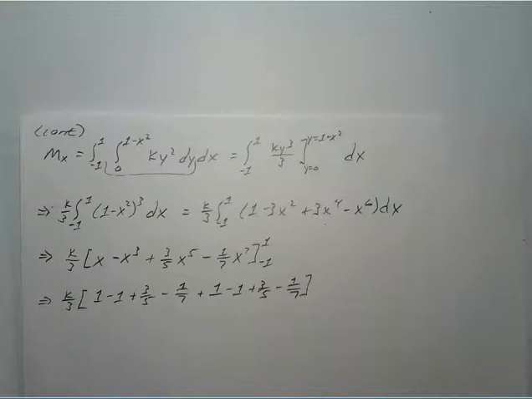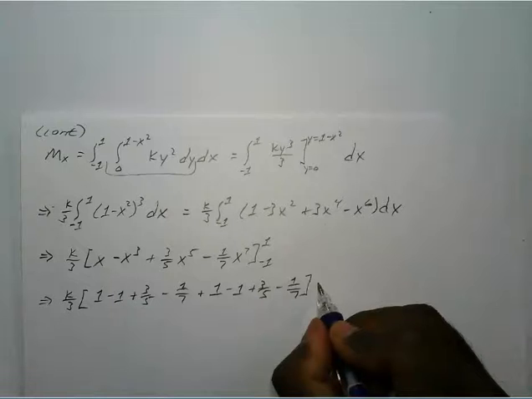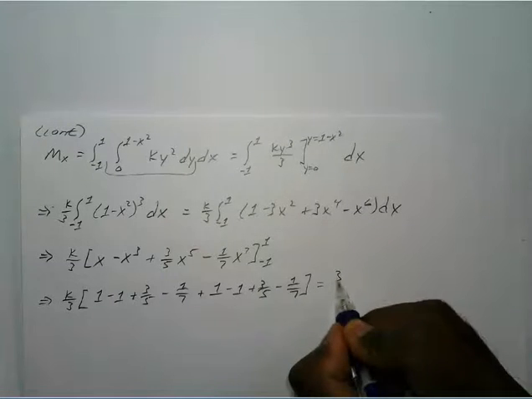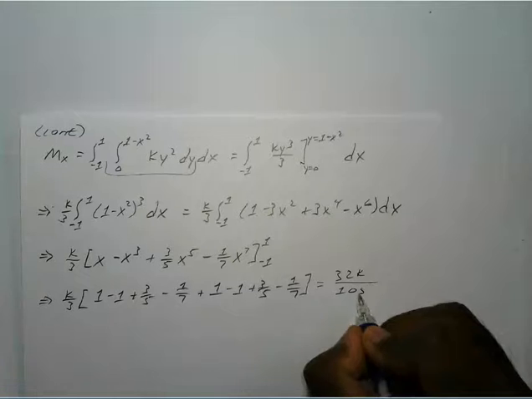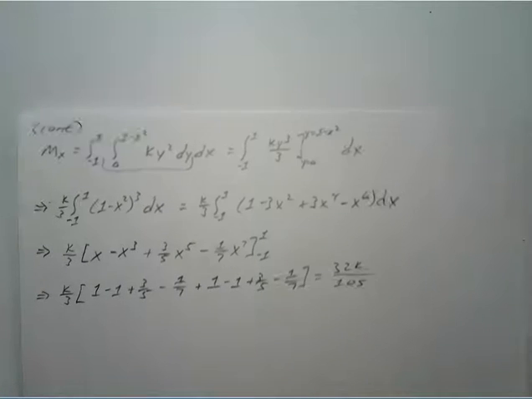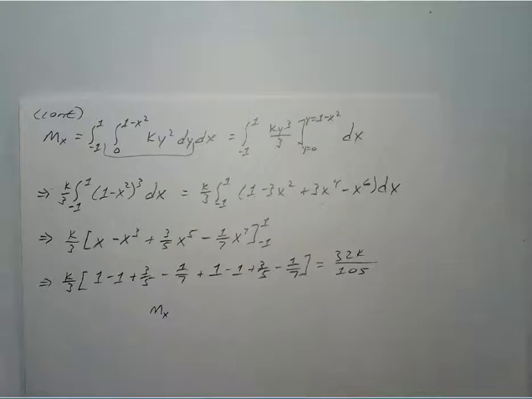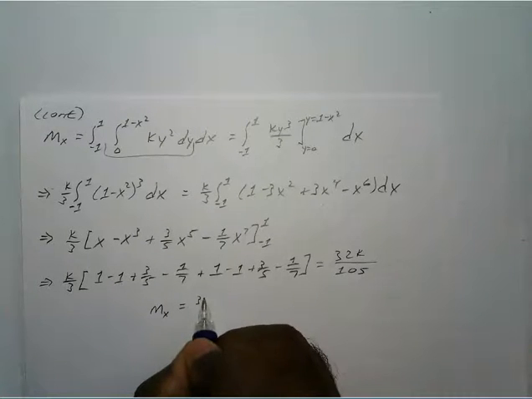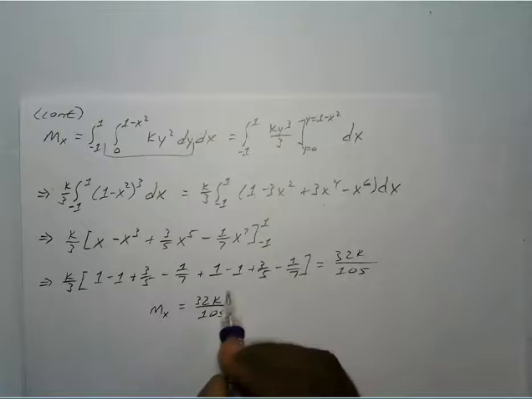Okay, so if you multiply what's left in here by k over 3, by the time you finish combining like terms, you should get 32k divided by 105. Okay, so your moment of mass with respect to the x-axis is 32k divided by 105.